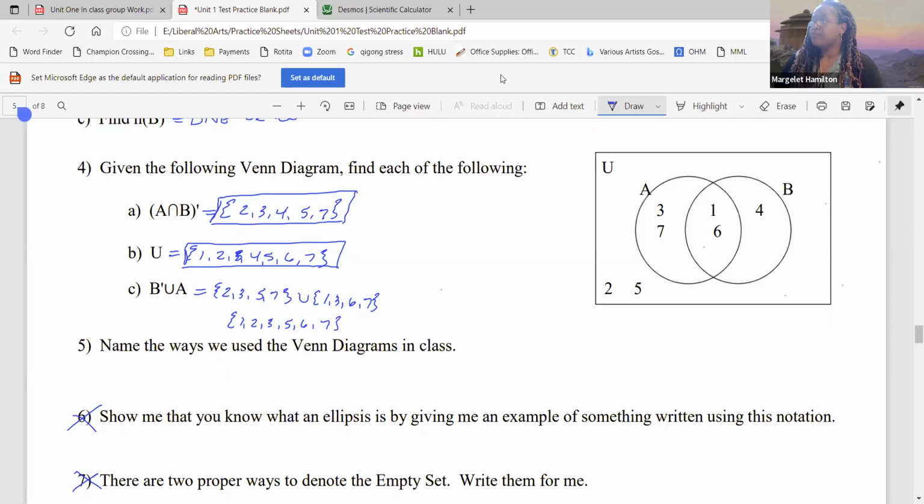Everybody agree with that? That's just putting them all together, but not repeating any number. You don't want to repeat.